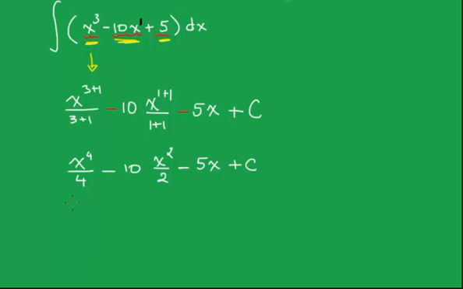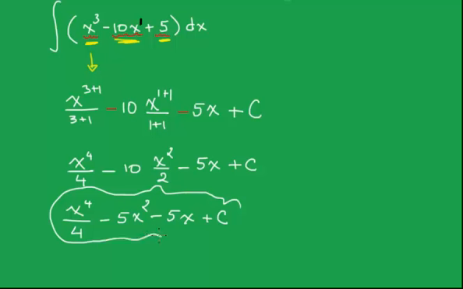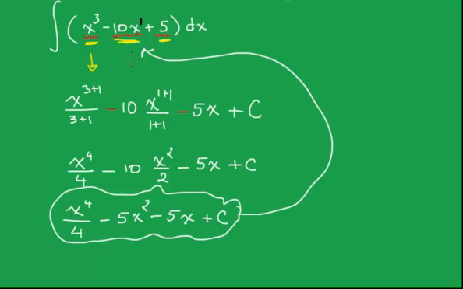And of course, we can simplify the middle term here. 10 over 2, that's 5, so 5x squared minus 5x plus c. And of course, here you can always take the derivative and see that you have the original function.